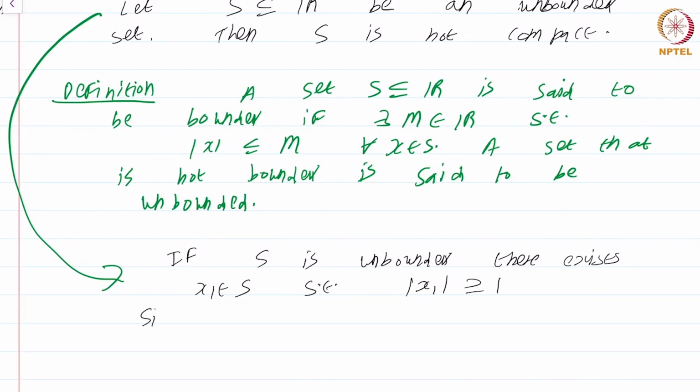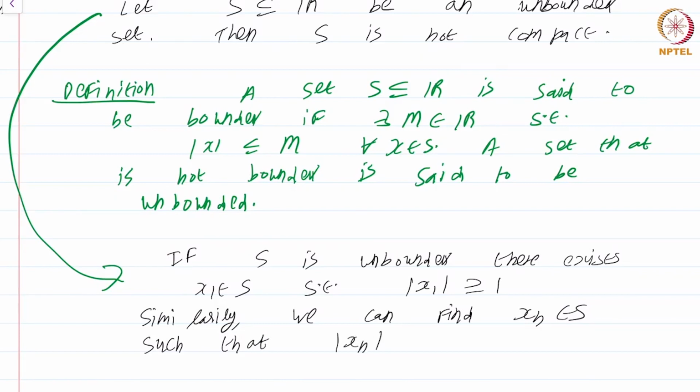Similarly, we can find x_n in S such that |x_n| is greater than or equal to n.